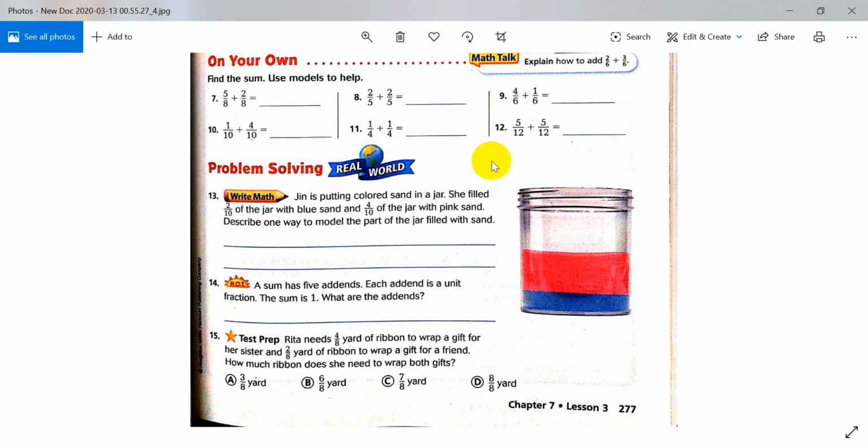I think all of you solved it. Okay, you can check your answer right now.